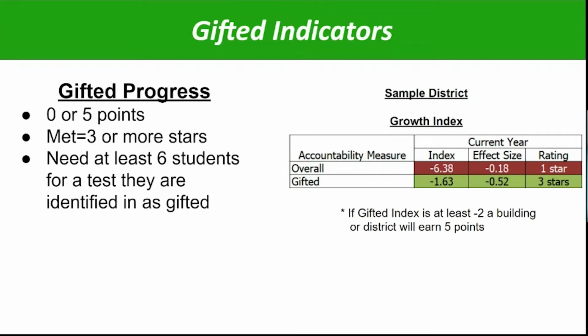So as we're looking at this, we really don't even need to pay attention to the effect size, because a 3-star, a 4-star, or a 5-star will all give us the 5 points. So this sample district that we have, they met this indicator and they would earn the 5 points.